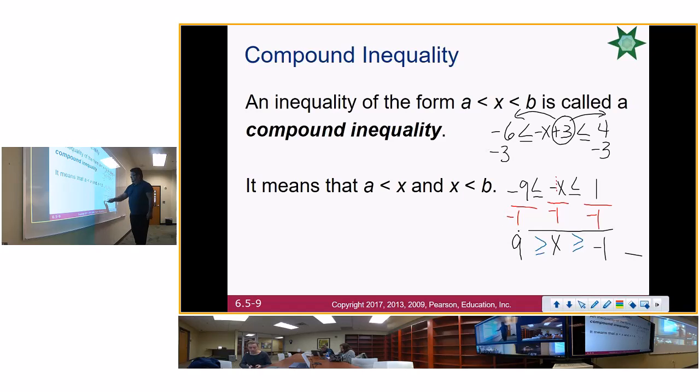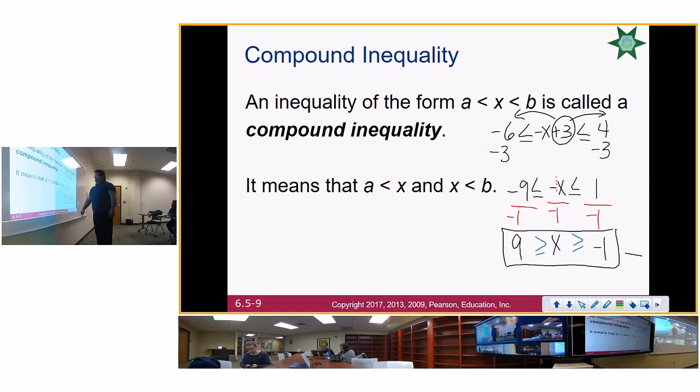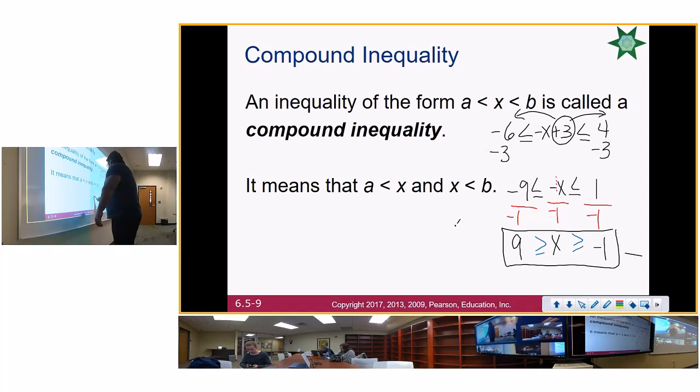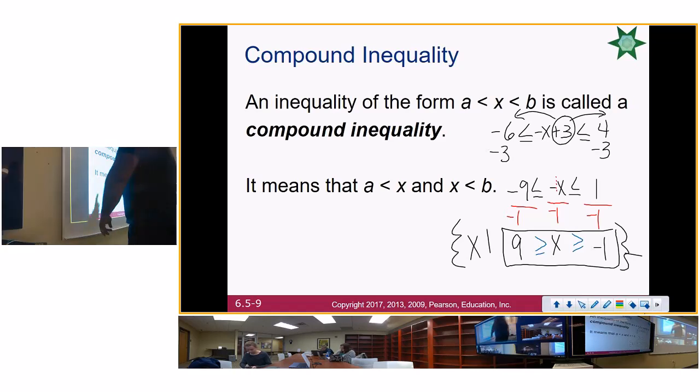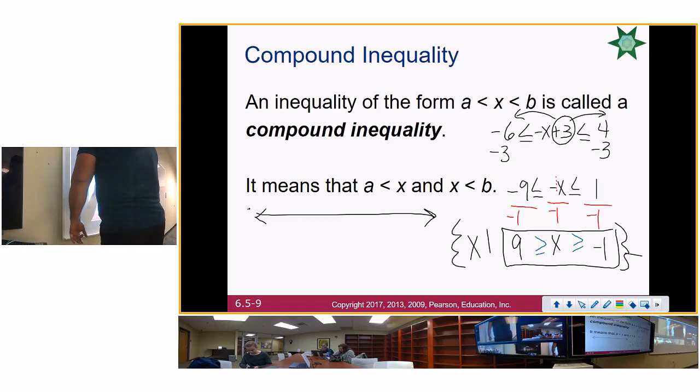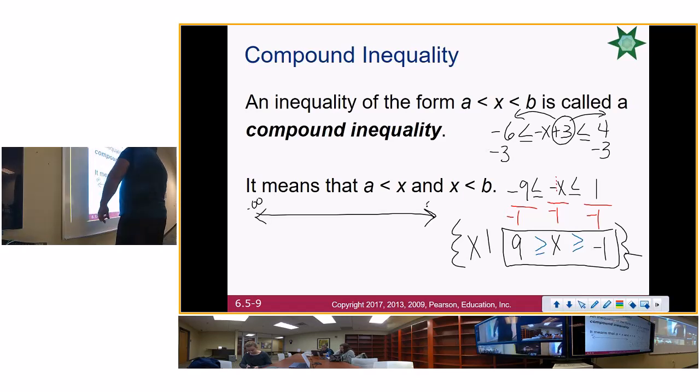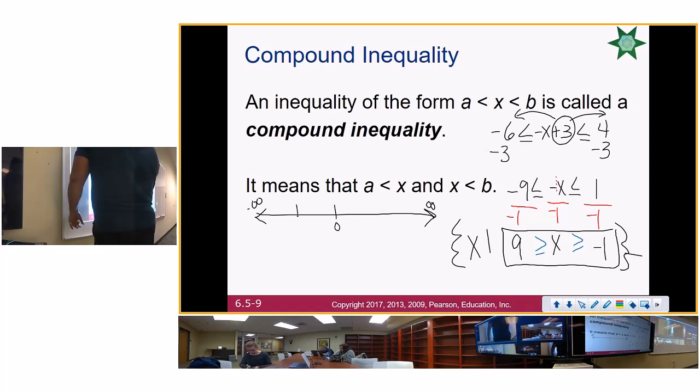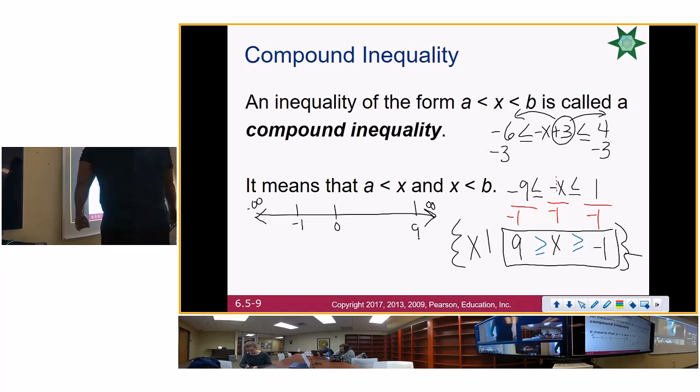And that's your answer. Of course, set builder notation would be parentheses, x such that. Let's graph it. That's negative infinity, that's positive infinity. This is 0, this is negative 1, and this is positive 9. What goes on negative 1 and positive 9? Open circle or closed circle? Closed circle.